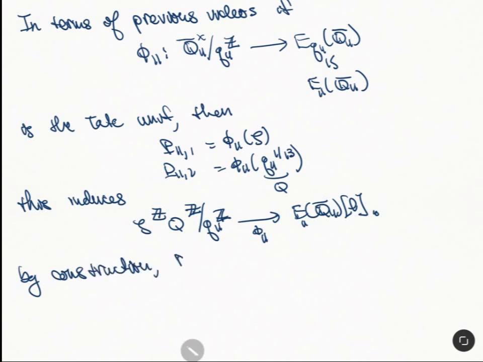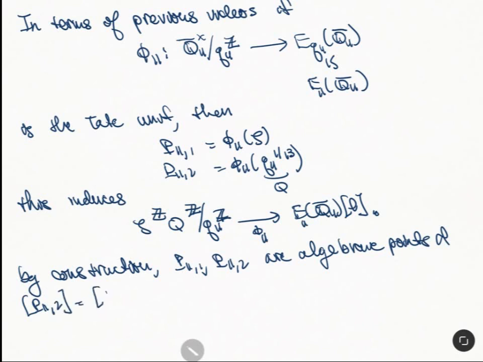By construction, I just want to say that P11(1) and P11(2) are algebraic points. And the class of P11(2) is equal to the class of epsilon, where this thing is going to be contained in this particular L torsion subgroup.